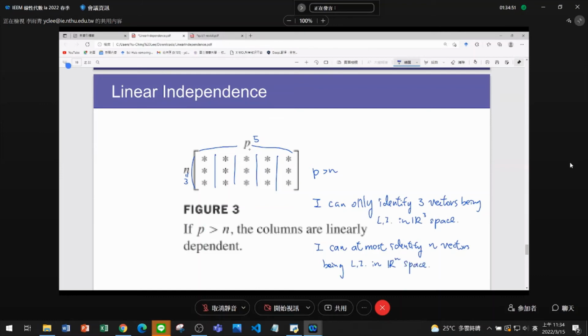So that's why when you have 5 vectors in the R3 space, the columns must be linearly dependent.